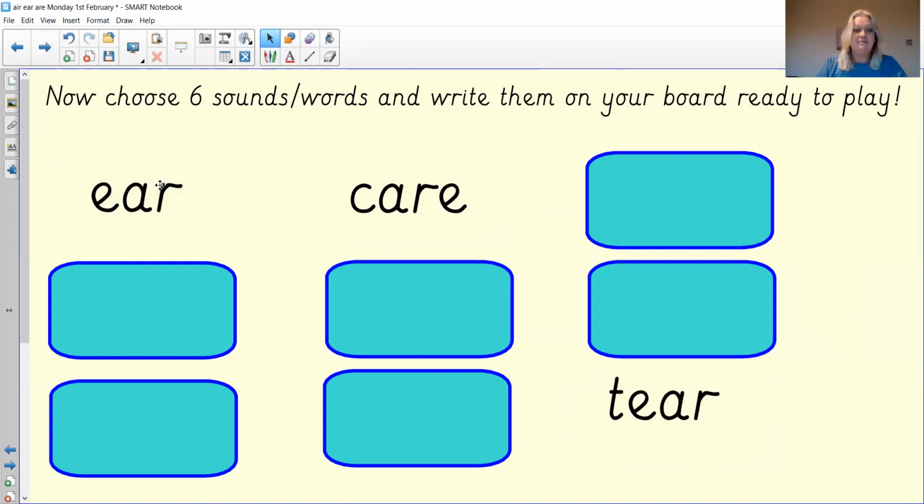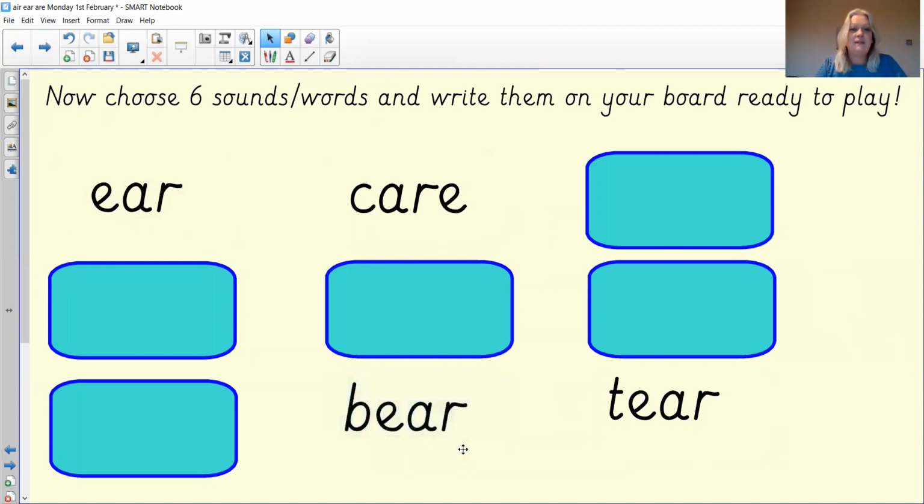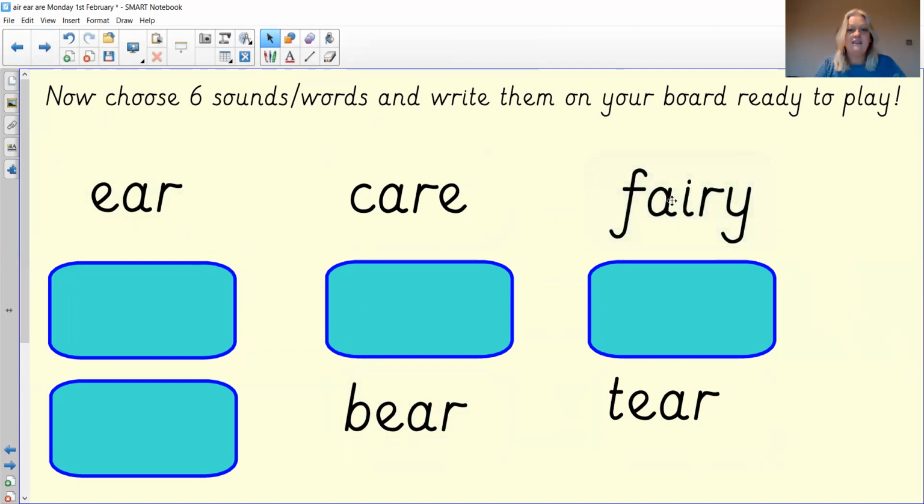Have you got that air? Bear. Has anyone got all 4? Fairy. F-air. And this is the E sound. When you have that at the end of the word, it makes an E sound. Fairy. Has anyone got all 5?